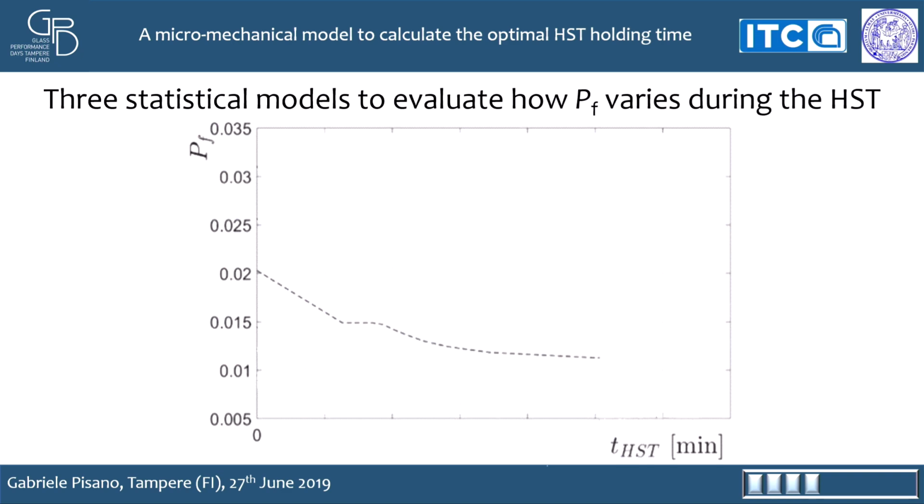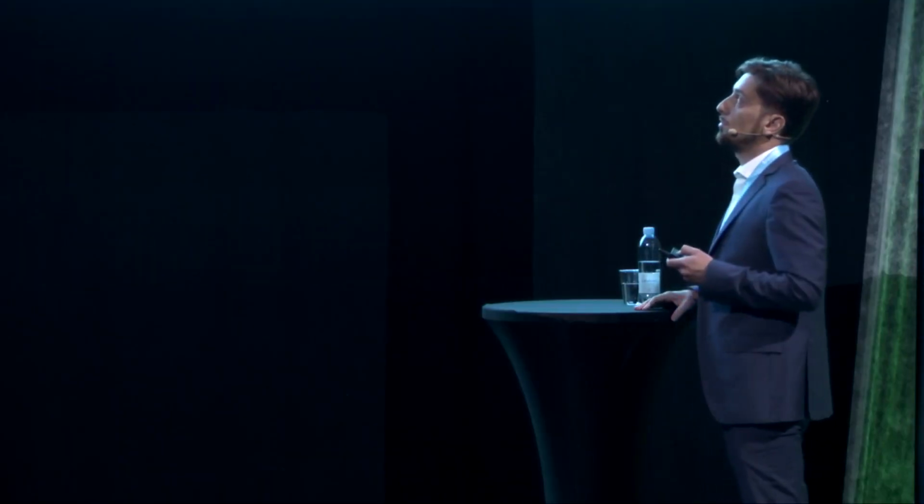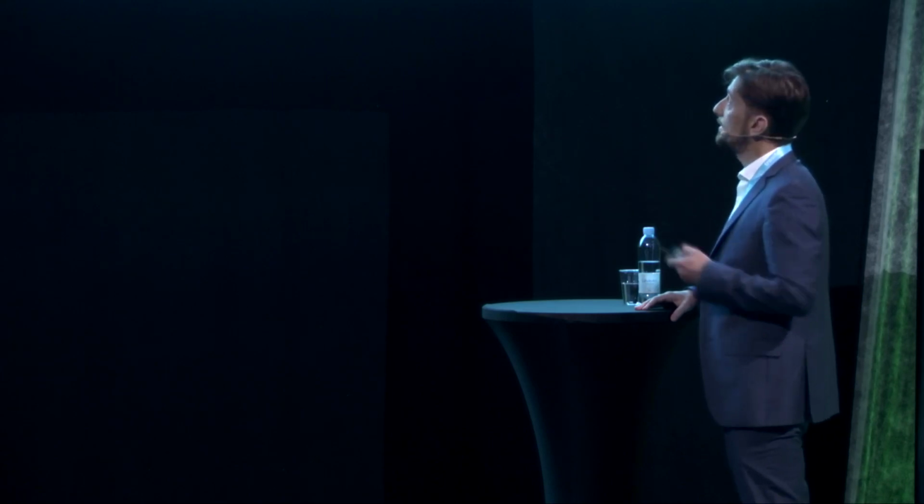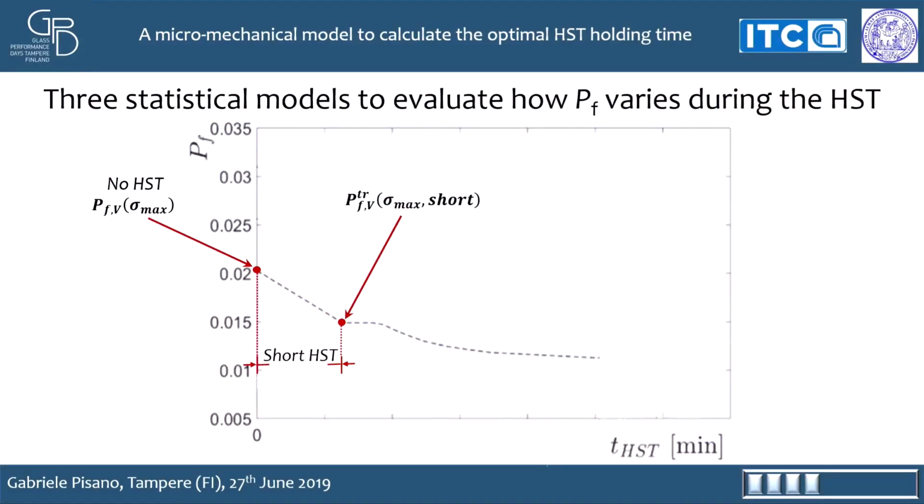Here, just for illustration, I show how the failure probability can vary during the time of the heat-soak test. For a time t equal to 0, we use the formula for no heat-soak test. For a short heat-soak test, the formula that is related to short heat-soak test of the order of 10, 15, or 20 minutes.